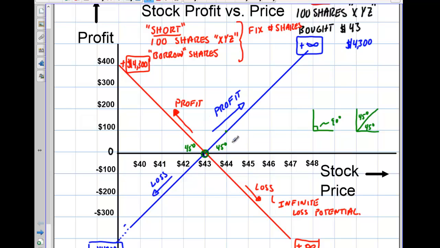This angle is very critical when we're dealing with options, especially when we're constructing spreads, vertical spreads, calendar spreads, collars, butterflies, iron condors. All of these option products are built upon the premise of this basic graph here. So when you see a graph and the slope is positive, that's always going to be a long in terms of the stock, and when the slope is negative, that's going to be a short. That's just a very simple way to look at this.